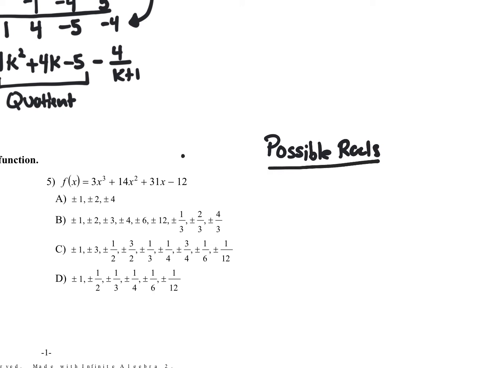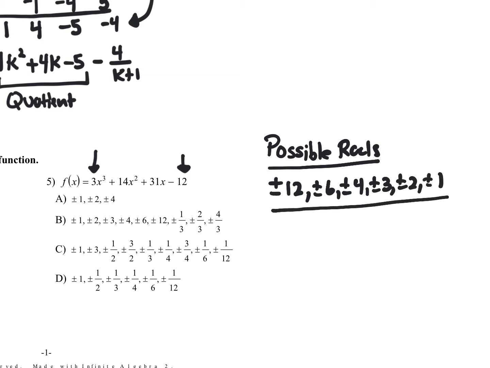You're going to look at your constant, which is -12, and you're going to look at your coefficient, which is 3, and you're going to give me the possible factors of 12, which is 12, 6, 3, well, it'd be plus or minus 4, plus or minus 3, plus or minus 2, plus or minus 1. And remember I told you it's a ratio. And we're going to have the factors of 3, and it's going to be 3 and 1.